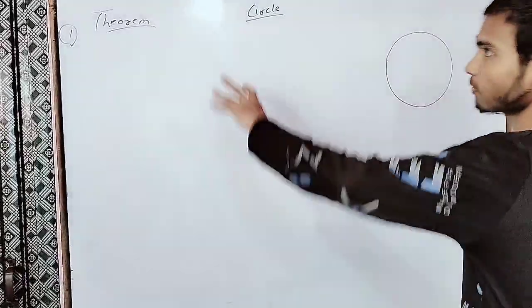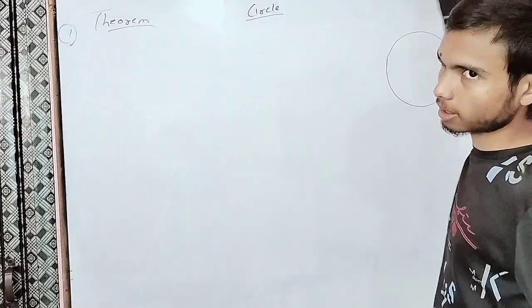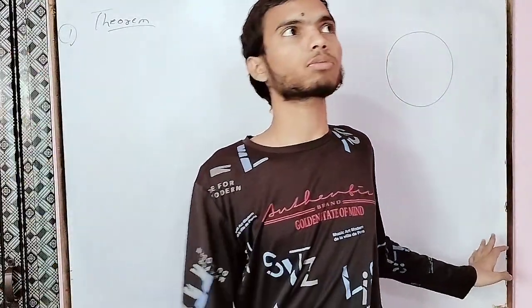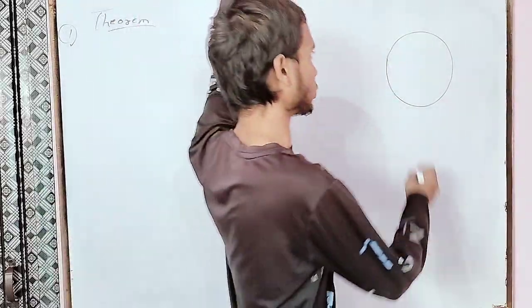Okay. So here the first theorem of the circle is saying there is a circle, and here there are two chords whose measures are equal to each other.